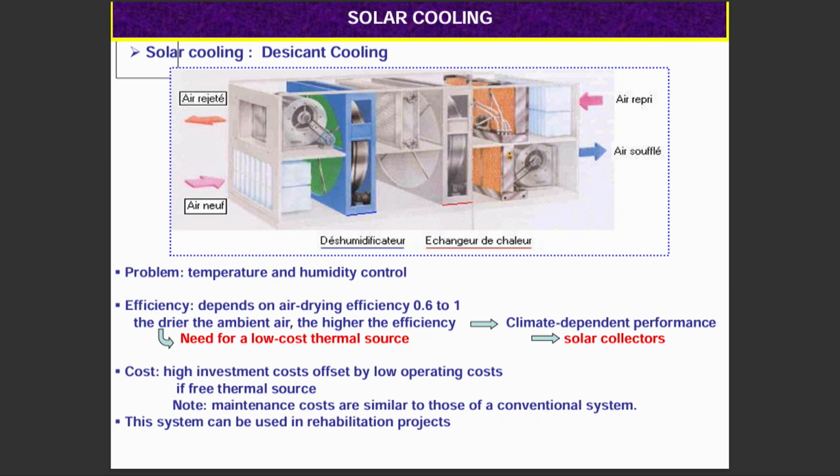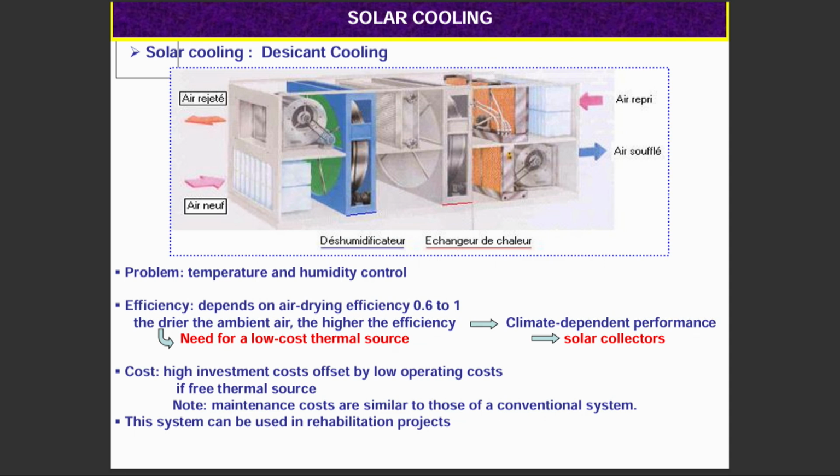Okay, so this is an image of this installation. You have the air inlet, the desiccant wheel. Here you can also have a rotative heat exchanger, and then you see the way to humidify.